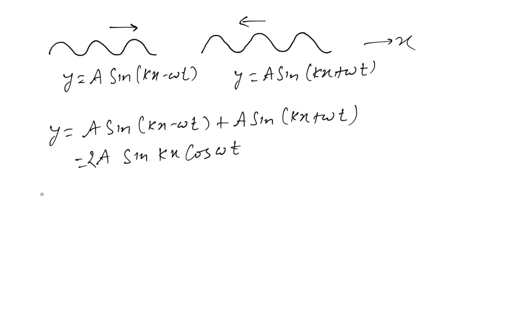So if you fix x, then y for any fixed x is 2a sine kx cos of omega t. So y is changing only with time, and not with distance x.